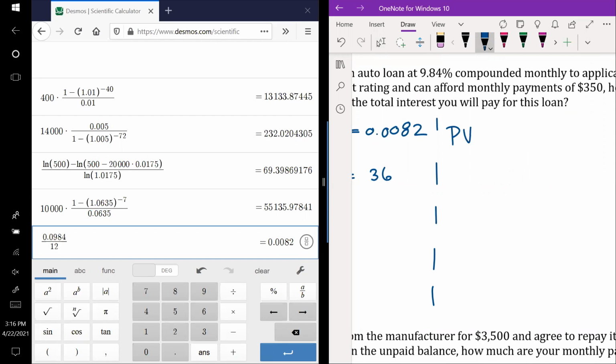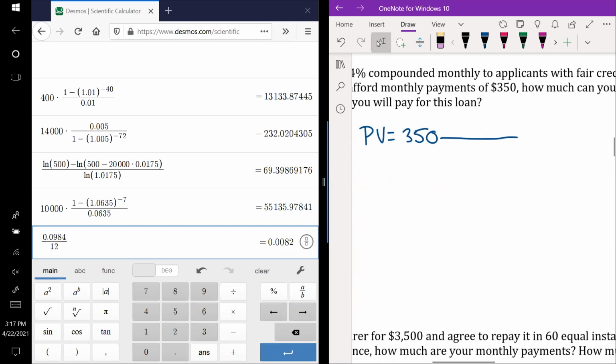So PV is going to equal 350 times 1 minus 1 plus I, which is 0.0082, raised to the negative 36, all over I, 0.0082. Okay.